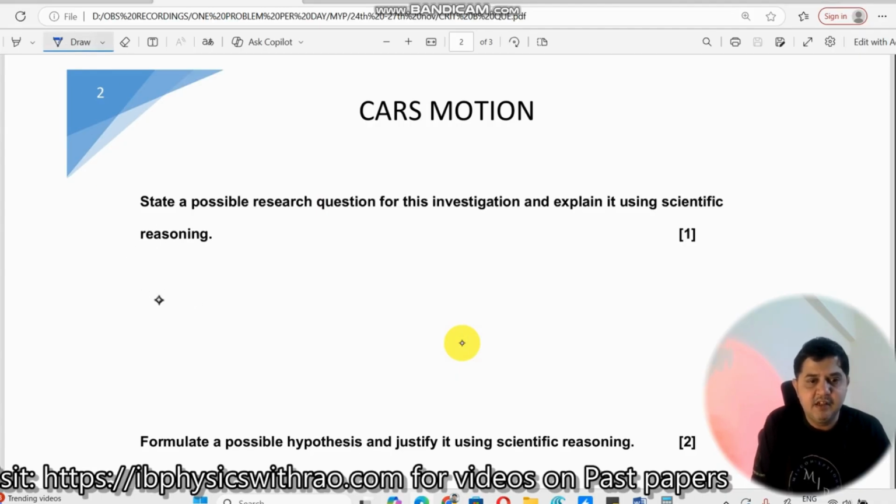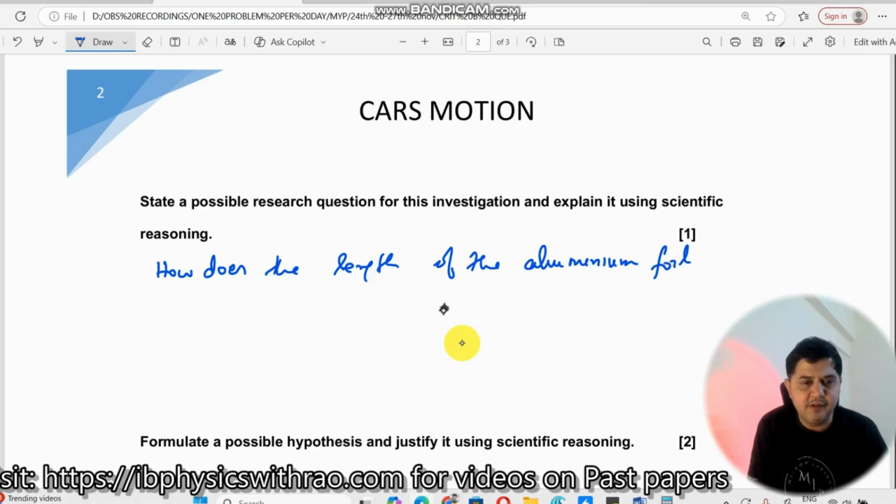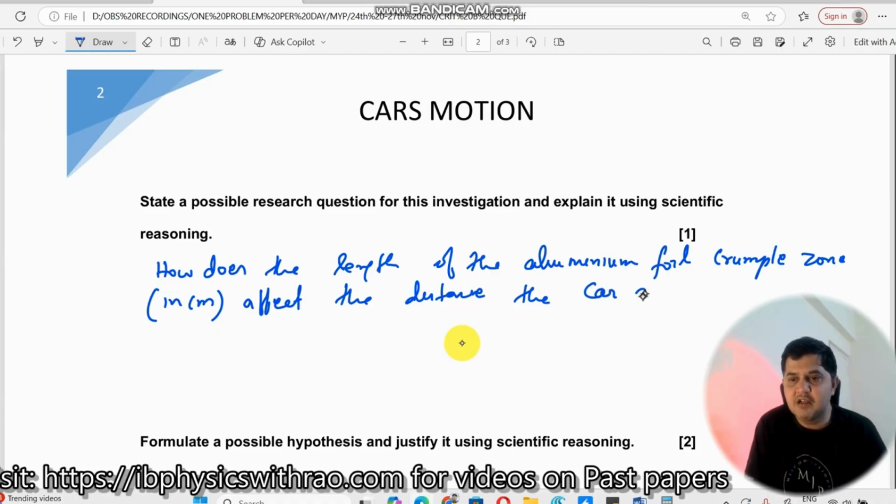You can just ask, how does the length of the aluminium foil crumple zone, in centimeter, maybe you can put this in bracket also, affect the distance the car rebounds after impact?